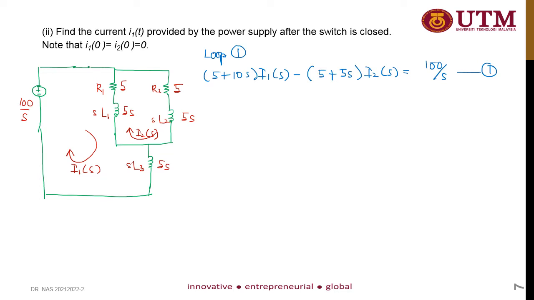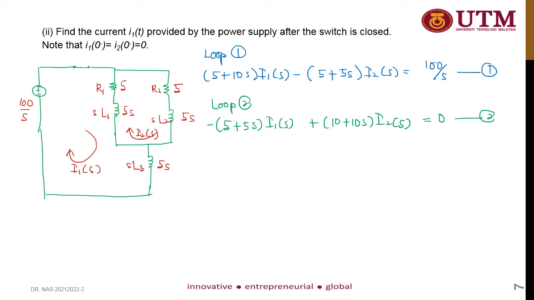Next look at the right hand side, loop 2. You have negative 5 plus 5s, I1(s), plus 10 plus 10s, I2(s), equal to 0. So this is equation 2.